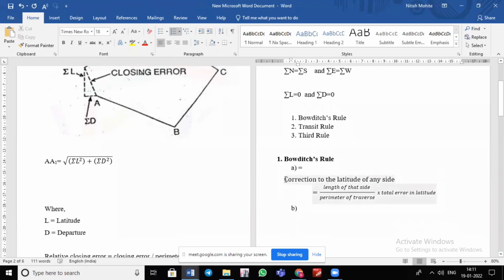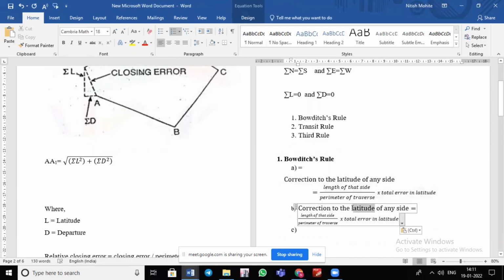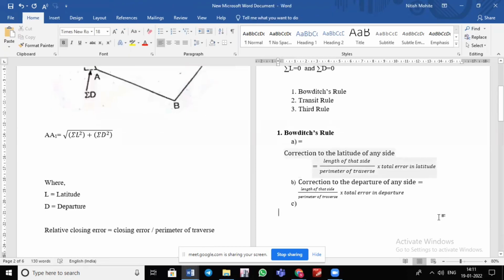Second formula, correction to the departure. The only change is that we apply the total error in departure. Got it? So this is nothing but the Bowditch rule.